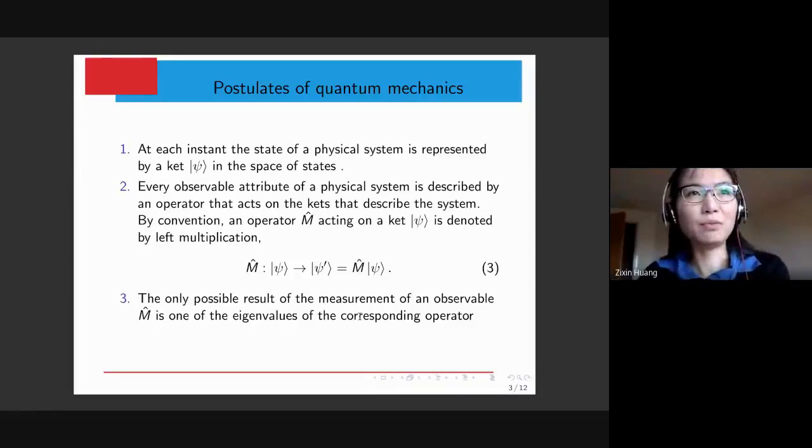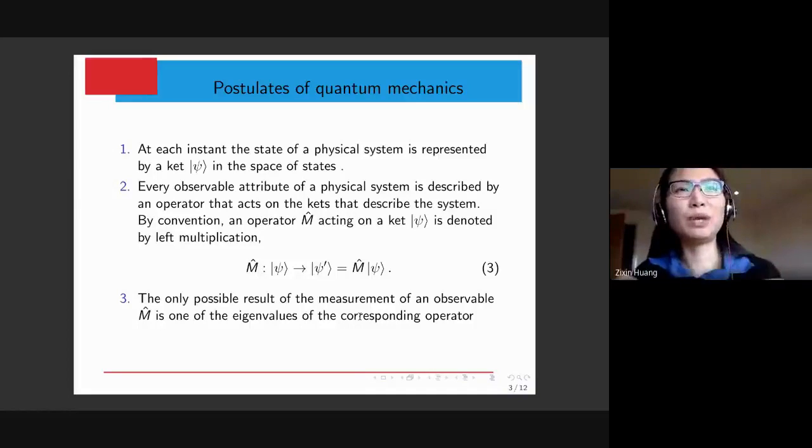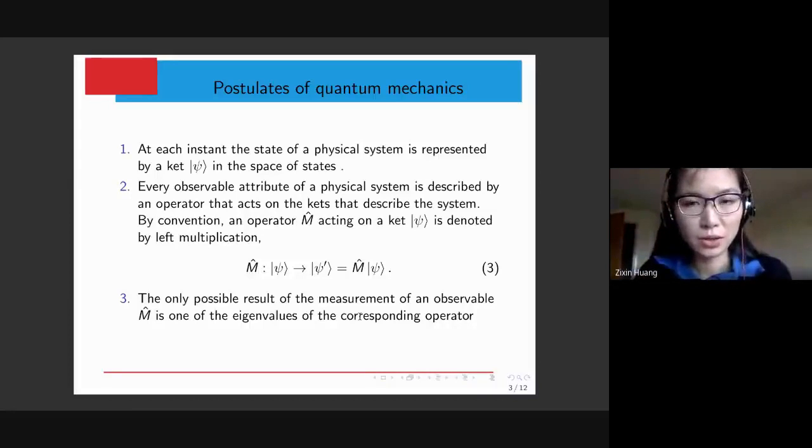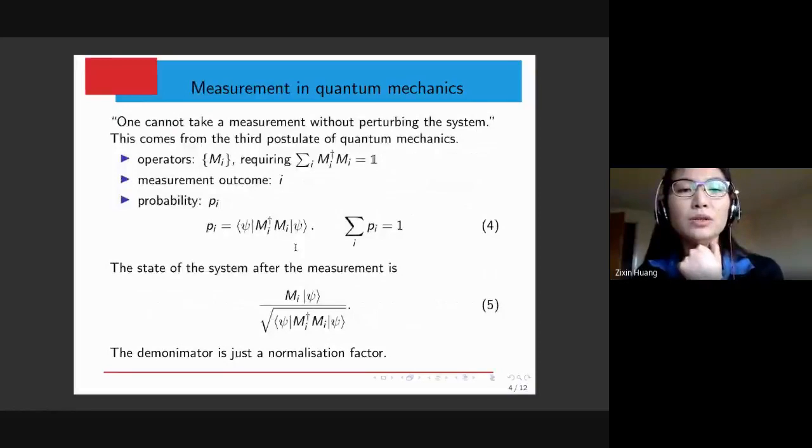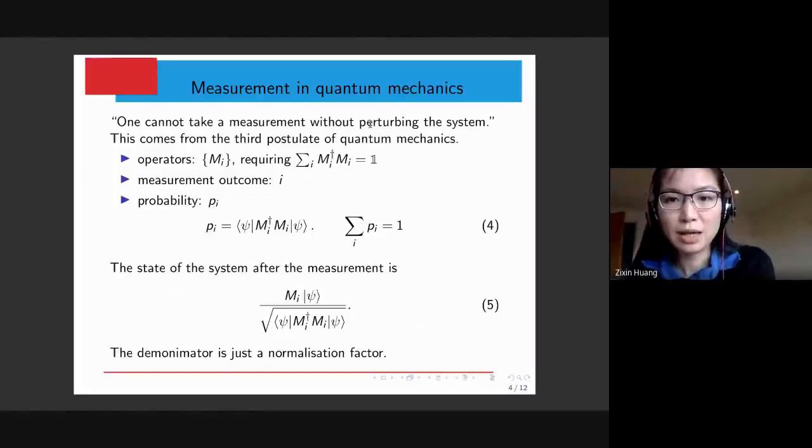It means that if you measure a certain operator, the state would end up being in one of its eigenstates, and the value of the measurement corresponds to its eigenvalue. So let's have a look at this in a bit more detail. This corresponds to the statement that one cannot take a measurement without perturbing the system. It means if you try to measure the system, you change it.